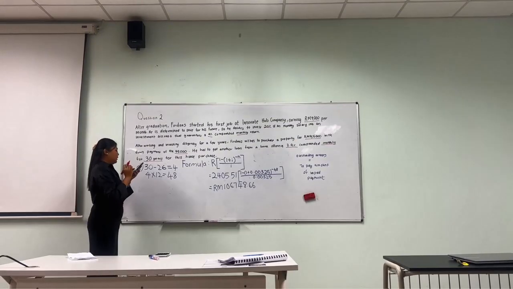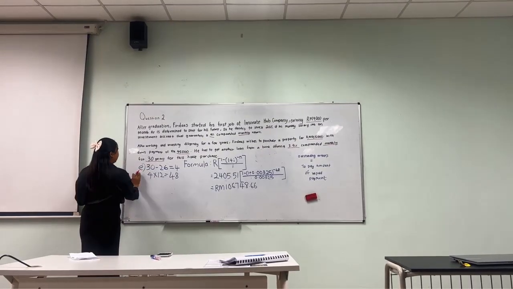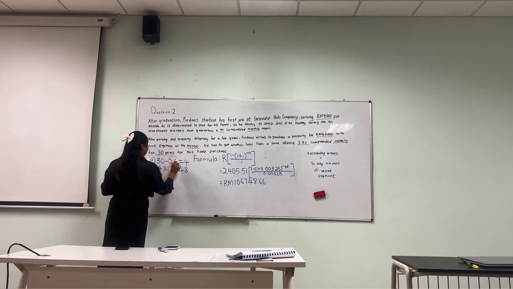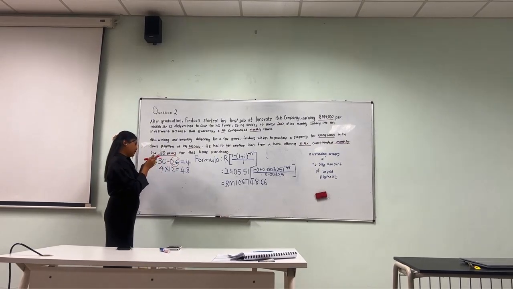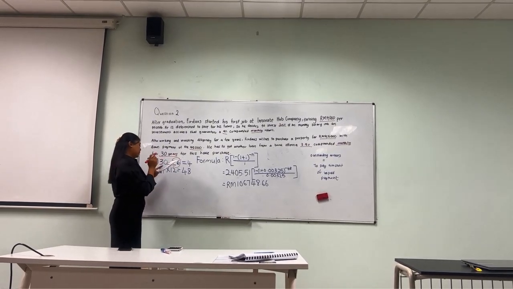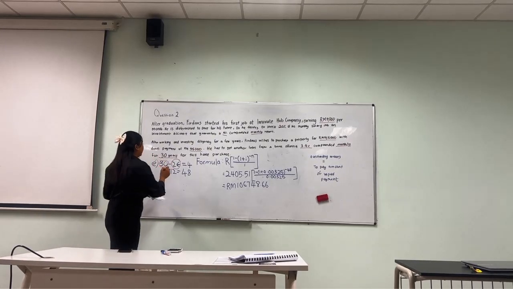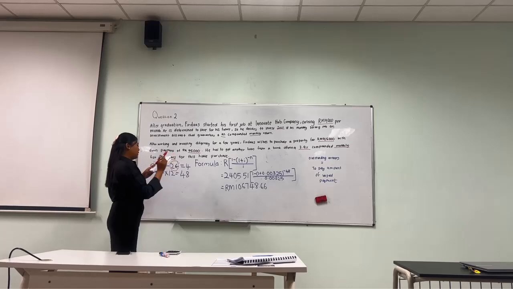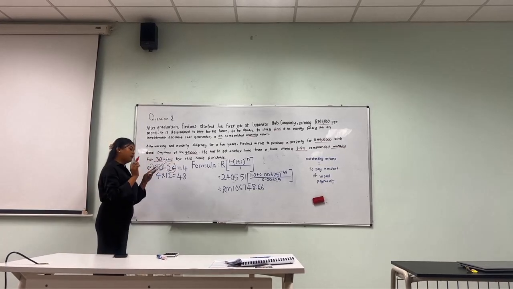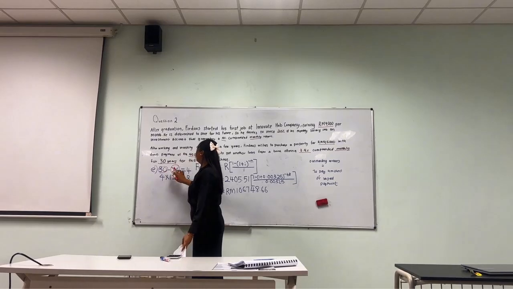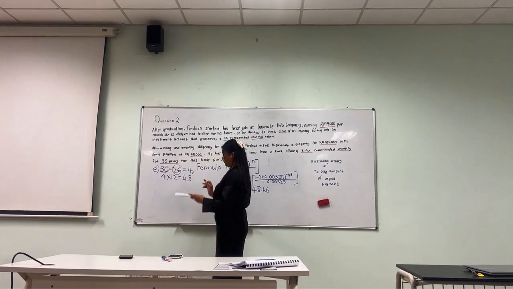Question E. He had to pay for 26 years. So we minus the 30 years with 26, to get the balance of the years he has not paid yet. Then 30 minus 26 is equal to 4.